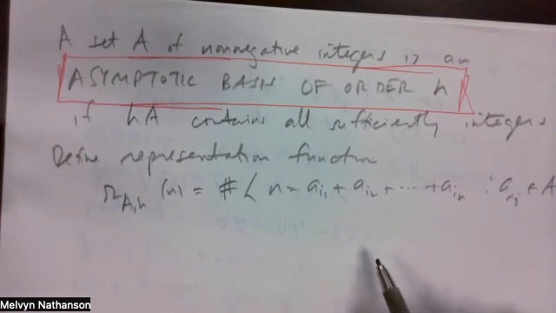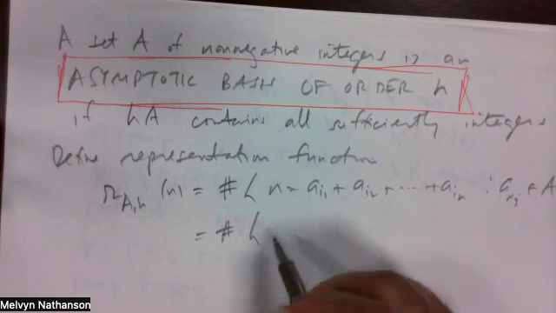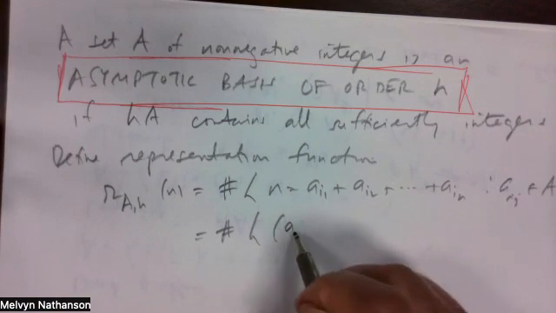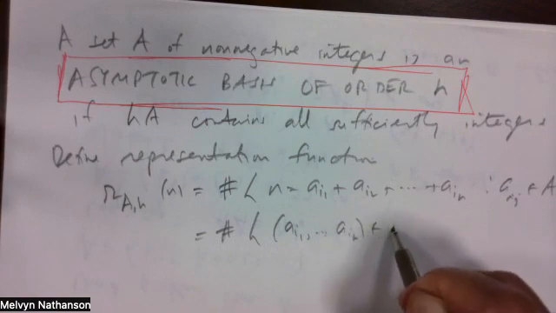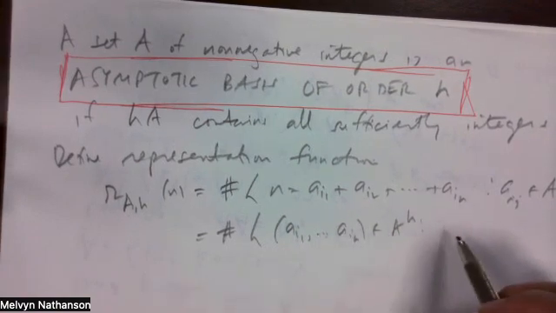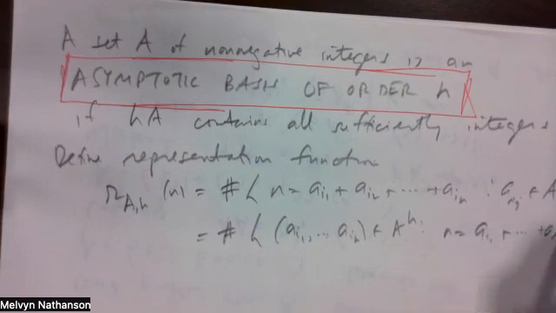So the first way is just this. This is the same as saying this is the number of H-tuples such that n is a_{i1} plus up to a_{iH}.